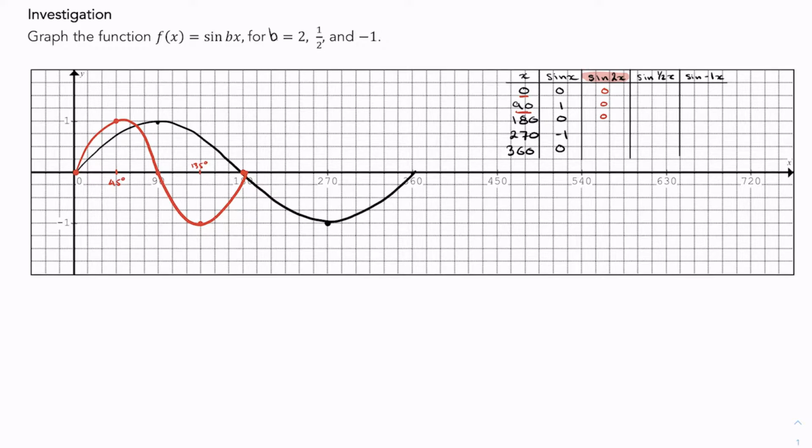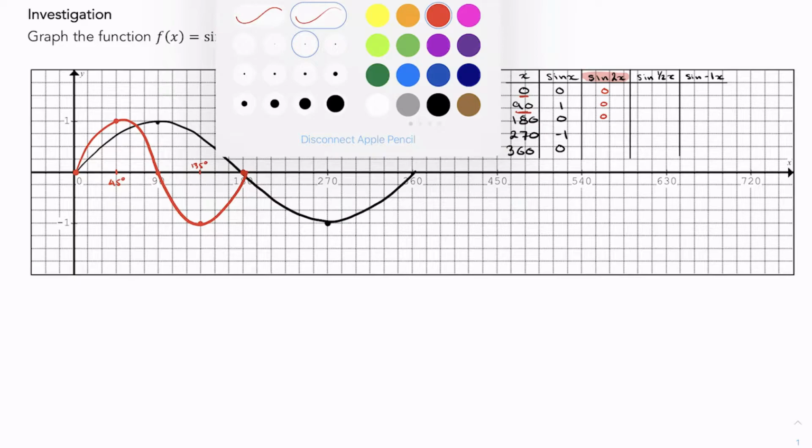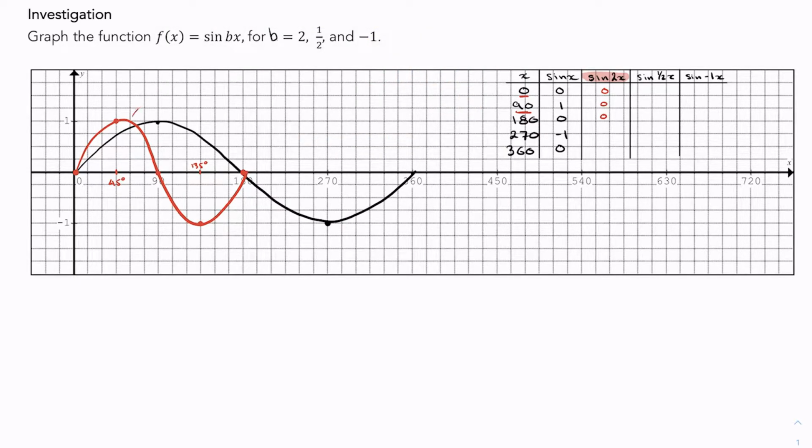So sine of 2x actually compresses our graph by a factor of 2. Let's just write that in over here: compressed by a factor of 2.